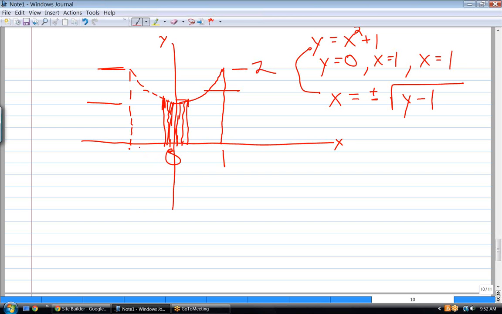If I'm going to use disks, here, let me erase these shells. And the disks, the first one is going to be like that along the bottom. So I'm going to use disks from 0 to 1. The area of each disk is pi r squared.